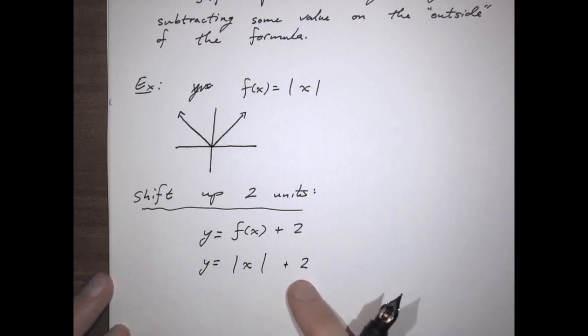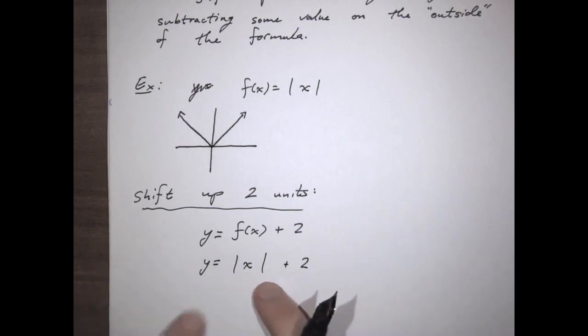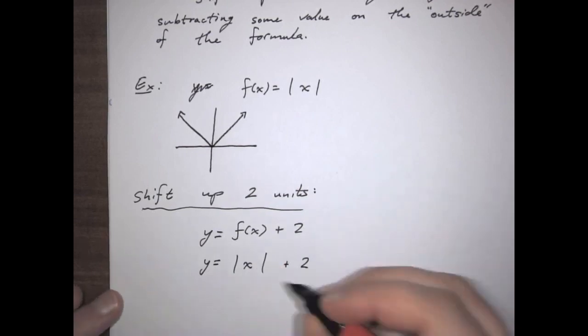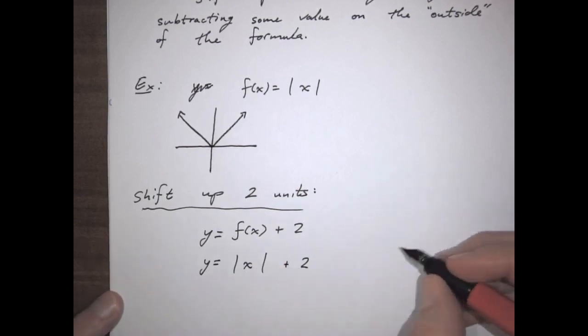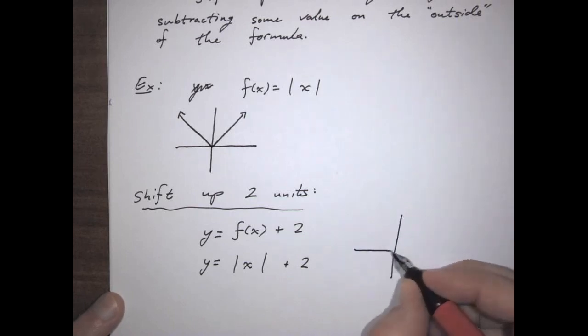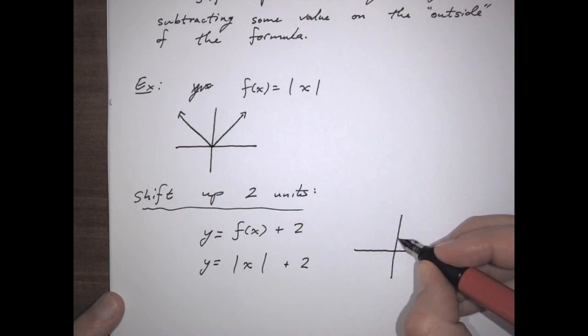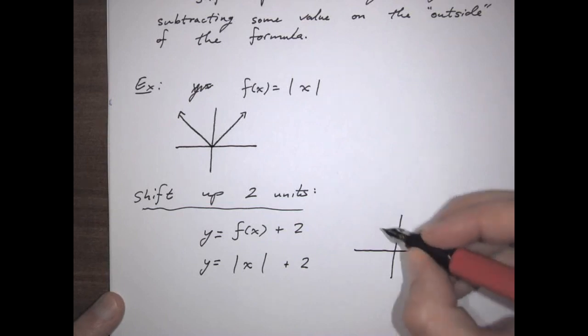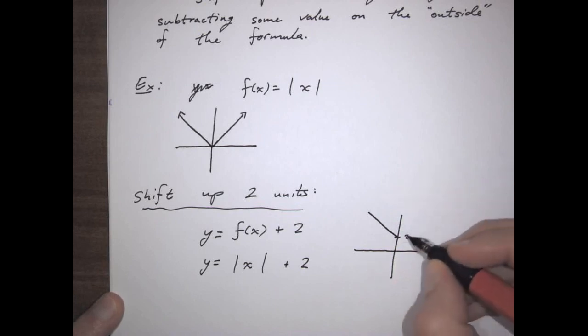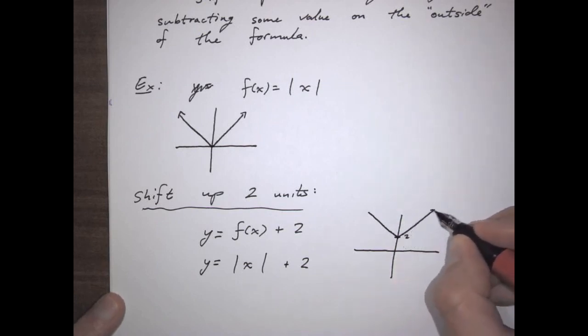And any vertical change is going to be happening outside of them. Okay, so adding 2 is going to mean that all the y values are now 2 higher than what they used to be, which means we still have the same basic V shape. The only difference is that instead of the corner of the V being at the point 0, 0, now it's at the point 0, 2.